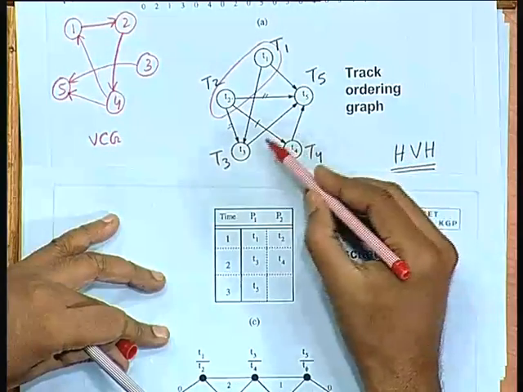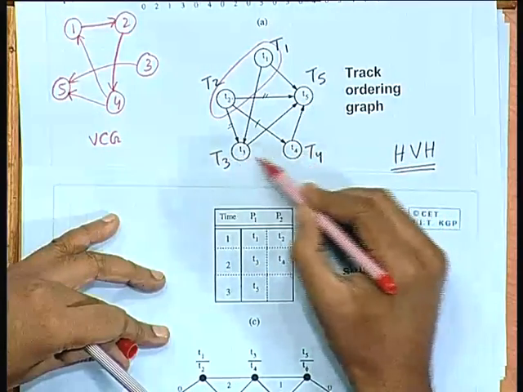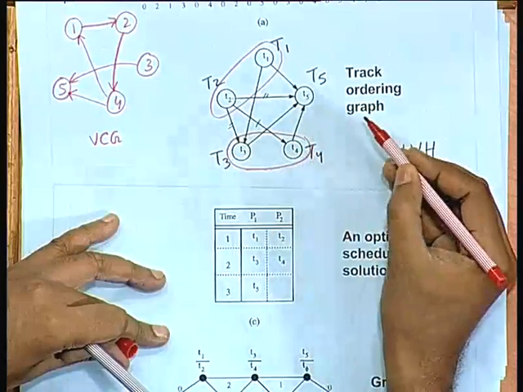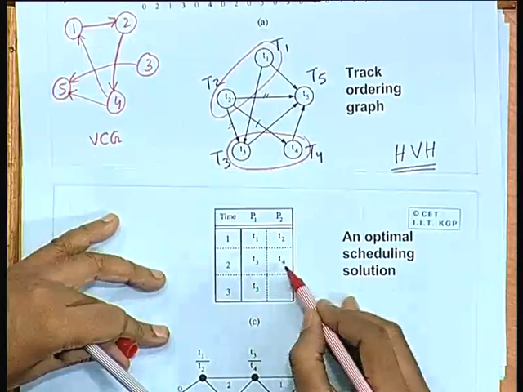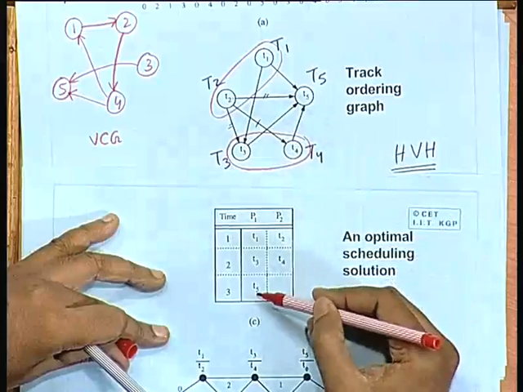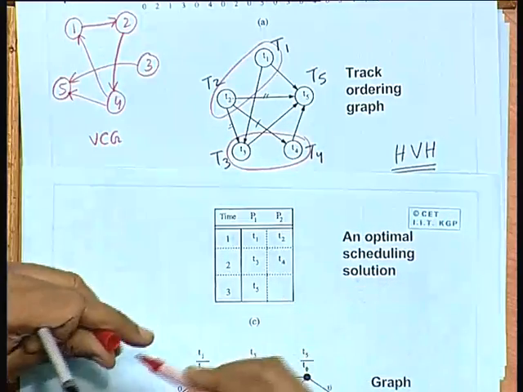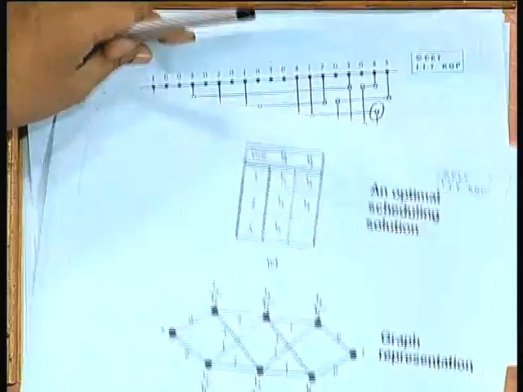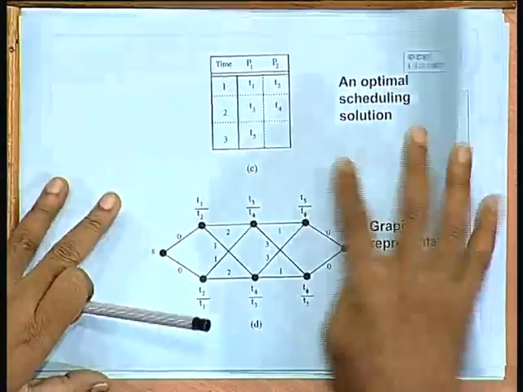Now T3 and T4 are independent, so you can take T3 and T4 together in the second step. In the last step, you are left with T5.